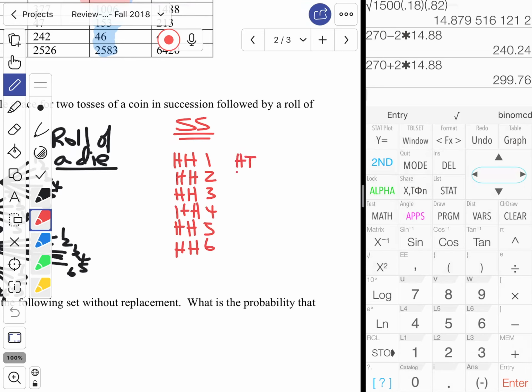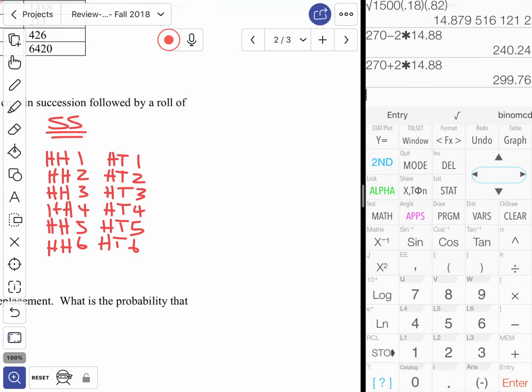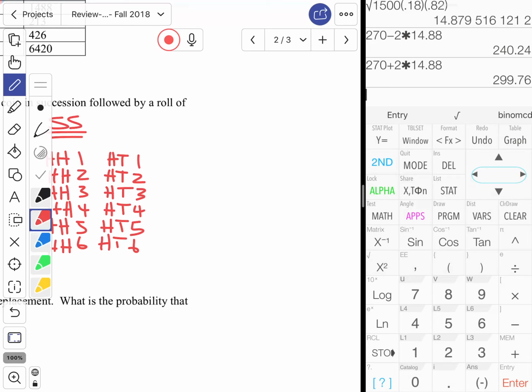Then heads, tails, and the same thing with tails, tails. And then finally after that, tails, heads.